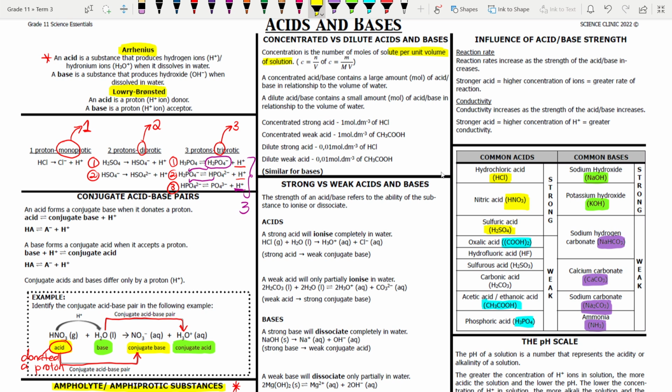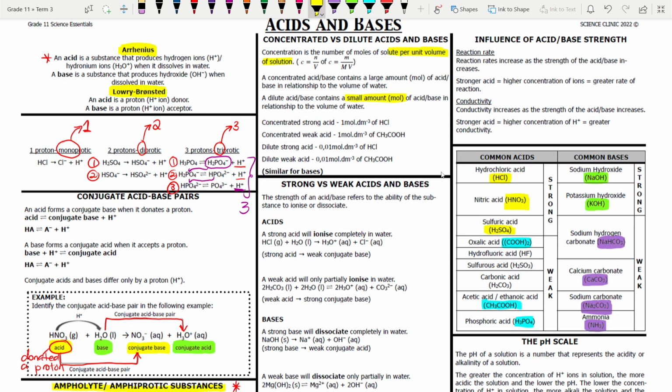Remember, we can think of concentration as the taste. So if there's more of the sugar than the water, we say this tea is sweeter. If there's less of the sugar compared to the water, then I say it's less sweet, or it's dilute. And then we can say a dilute acid or base will contain a small amount of moles of the acid or the base in comparison with the volume of the water.